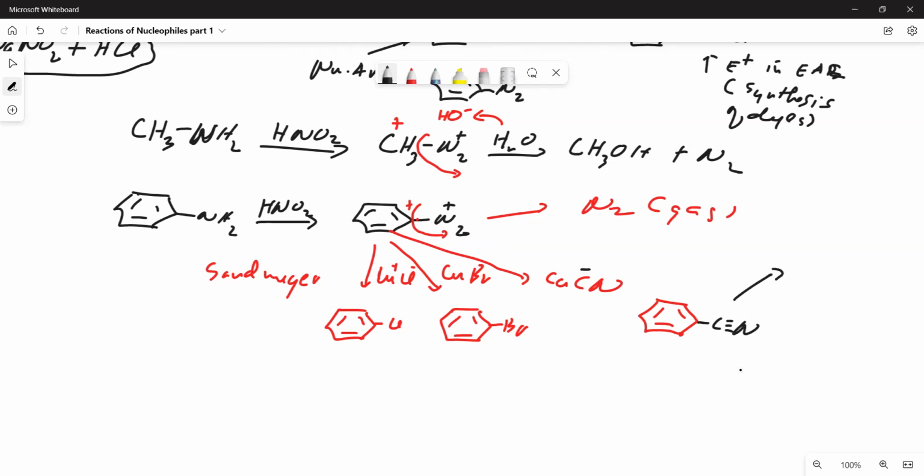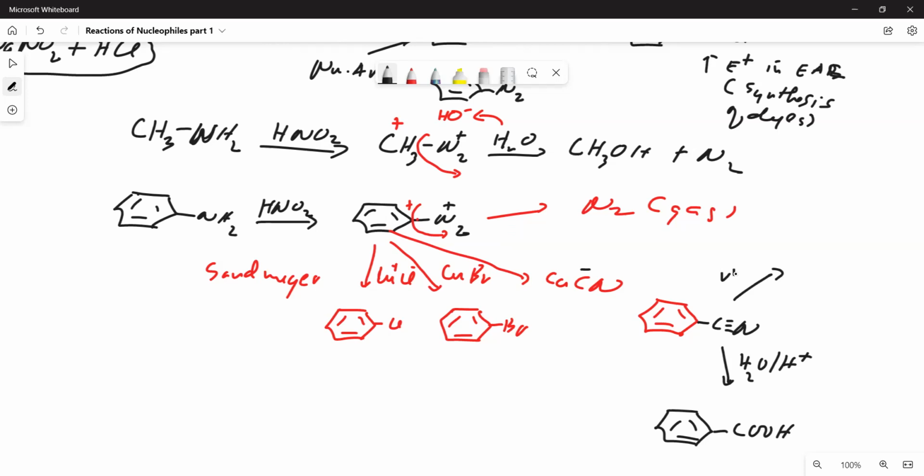And there are 2 important reactions of the cyanide. If you add water under acidic condition, the cyanide will undergo hydrolysis, meaning reaction with water, converting the cyanide to carboxylic acid. So this is another way of producing benzoic acid. We can also produce benzoic acid from toluene, right? Remember? Through side chain reaction with potassium permanganate. Now, the other important reaction of cyanide is reduction.